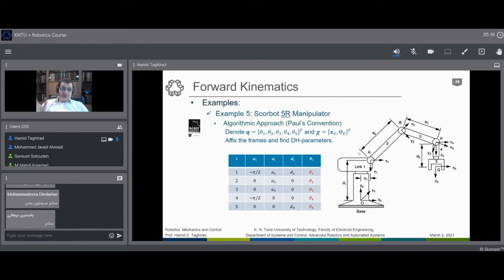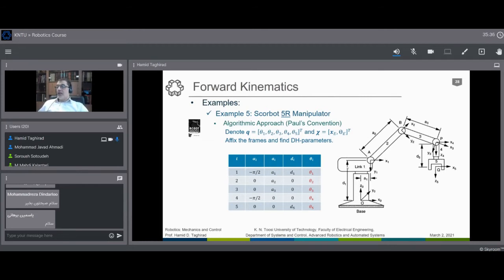Usually this is the case. The base is vertical, and we have rotation about the base. But this one, as you see, has a link length. It has a difference in this direction and also a difference in this direction, D1 and A1.